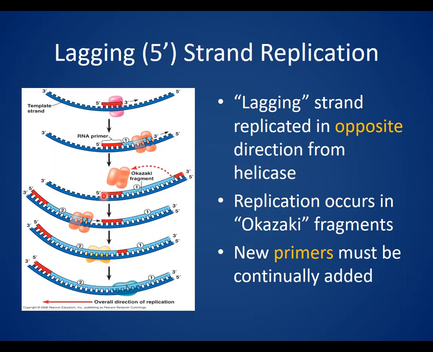So on the lagging strand, the replication is done bit by bit instead of in one continuous line like the leading strand. And these little bits are called Okazaki fragments, after the Japanese scientist who discovered them.